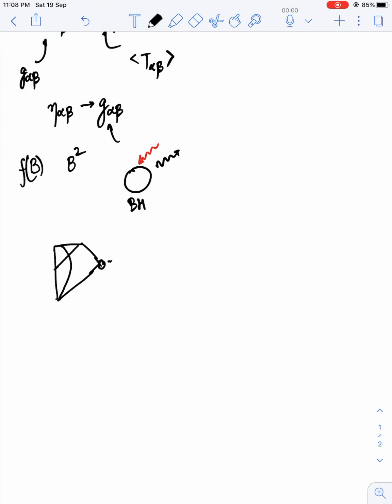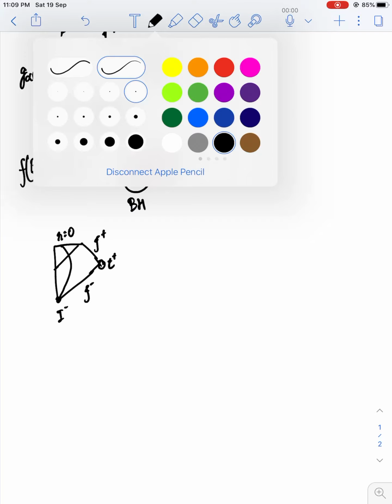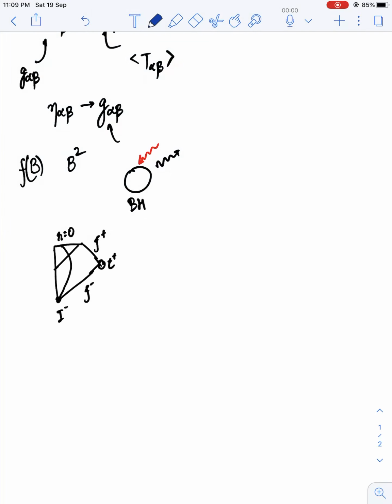This is I plus, this is I minus, this is scri minus, this is scri plus, this is the r equal to 0 singularity. This is the surface of the collapsing star, and this part is inside the surface of the collapsing star.